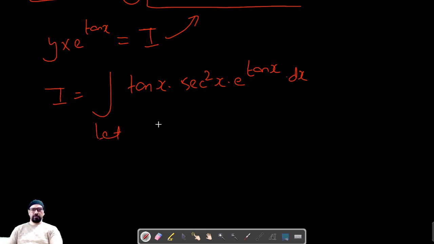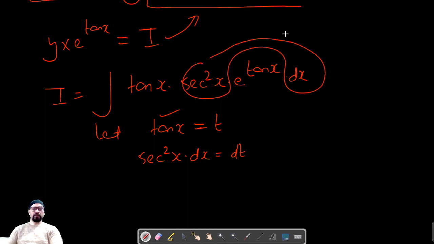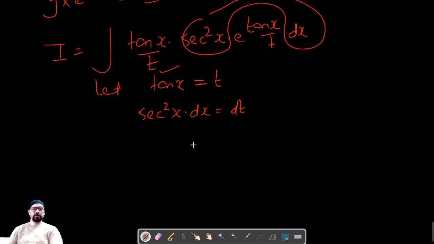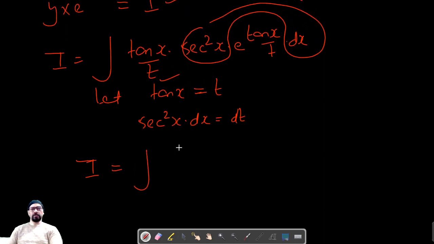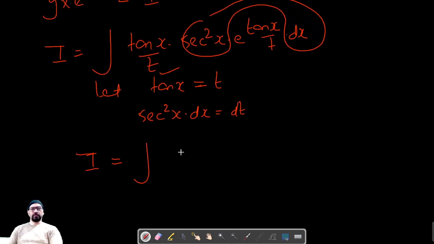Let's substitute t equals tan x, so sec²x dx is equal to dt. Finally, our integral I is equal to the integration of t times e raised to the power t dt.